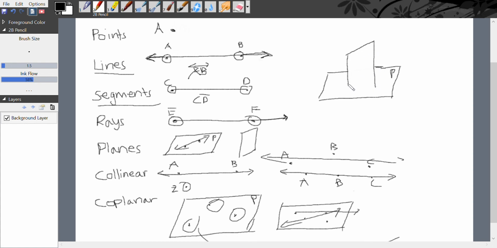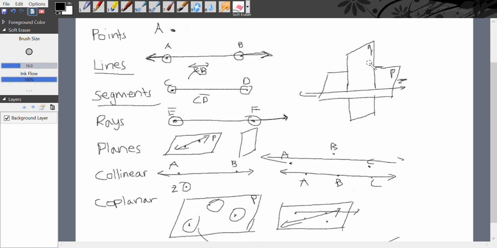So this plane we're going to call plane Q. So these planes intersect at this line right here. We could just call this line Z. These planes just intersect at that line.